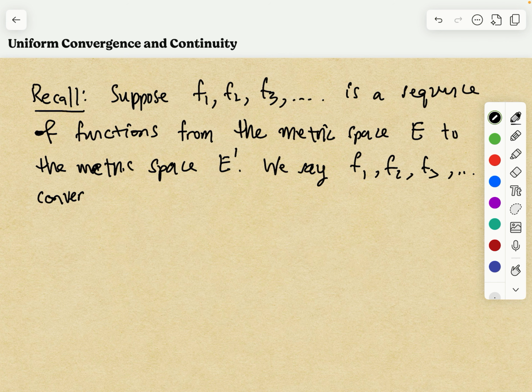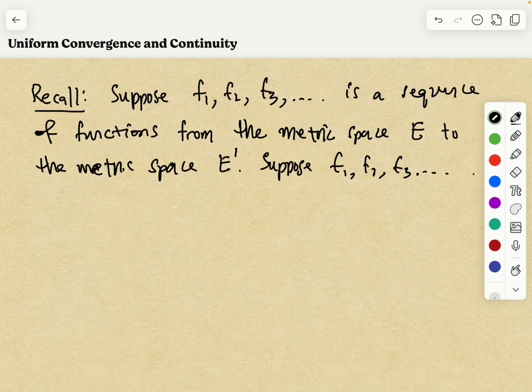That's maybe what I should have said first, before defining the uniform convergence. So suppose that f1, f2, f3, that sequence converges to some function f. Okay.